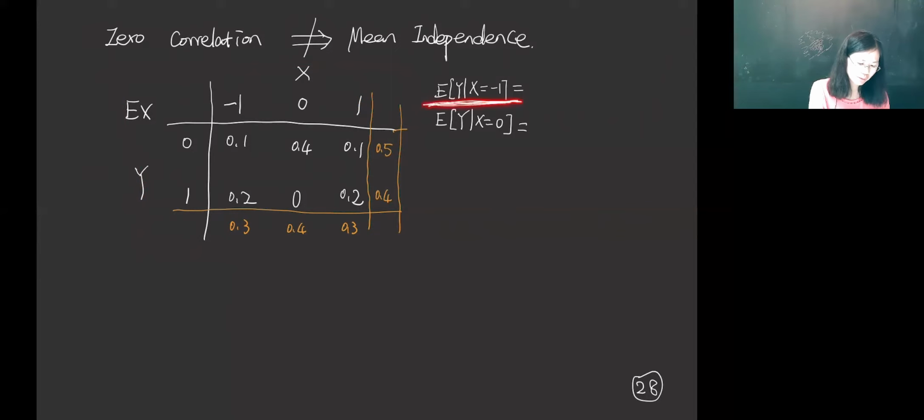To calculate this quantity, we look at the first column corresponding to the value -1 for x, and use the distribution described in this first column. So that should be 0.1 divided by 0.3 times 0 plus 0.2 divided by 0.3 times 1. So that's 2/3.